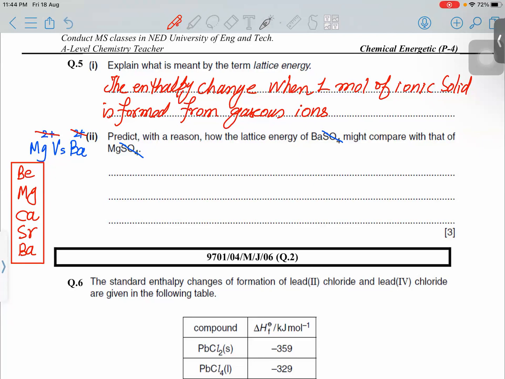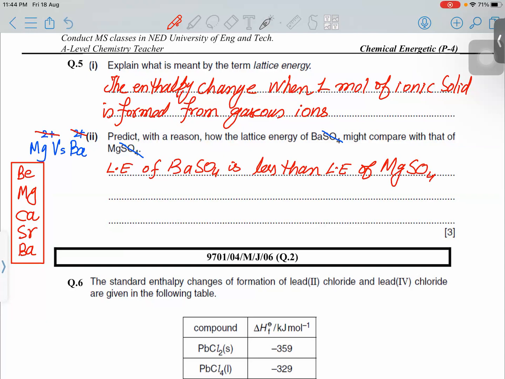Magnesium is smaller. So which one has high lattice energy? MgSO4. So the lattice energy of barium sulfate is less than the lattice energy of magnesium sulfate.